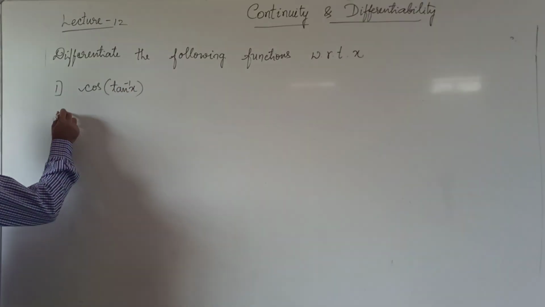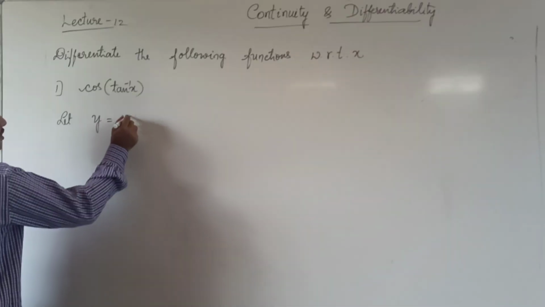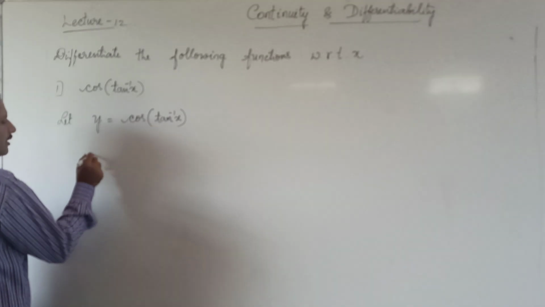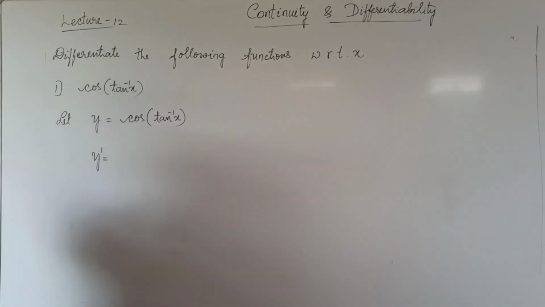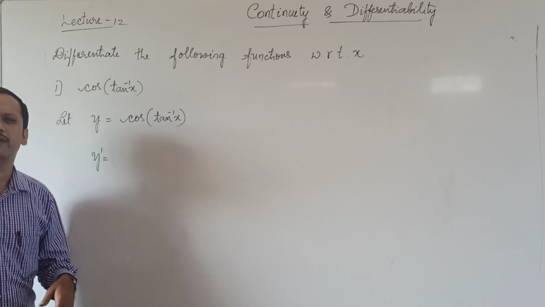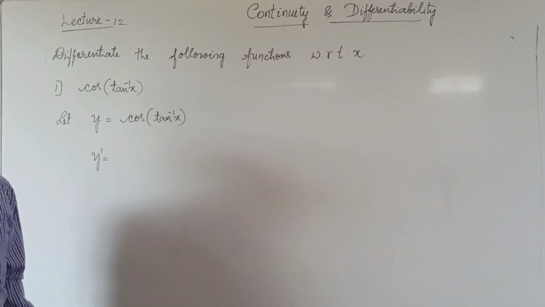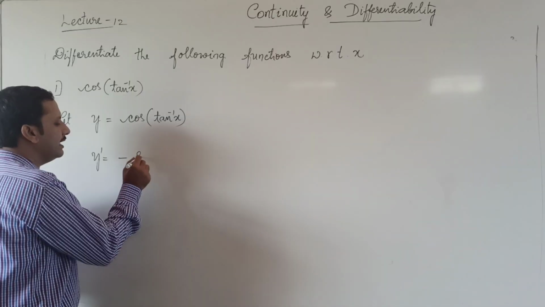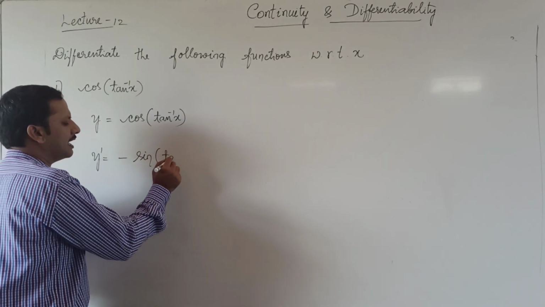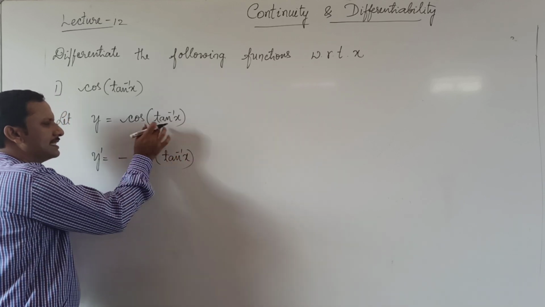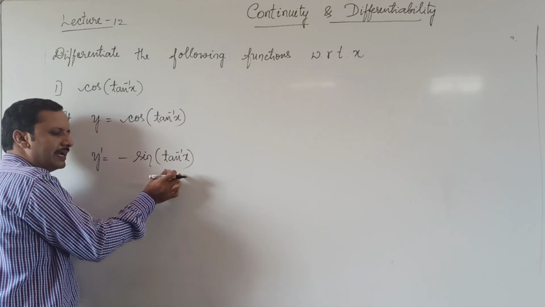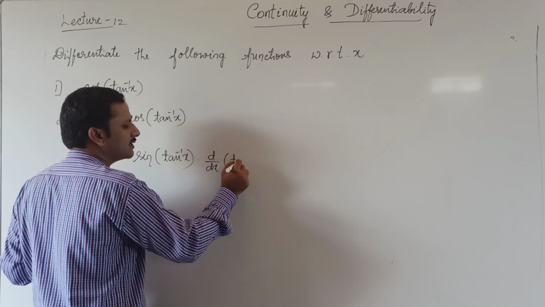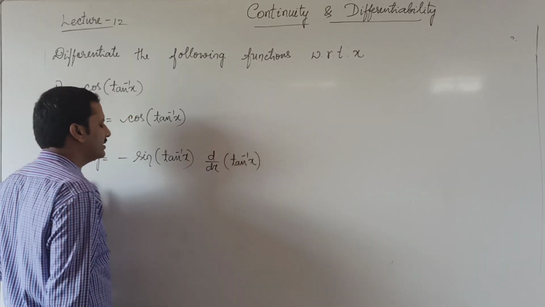I'll take this as y. Let y is equal to cos tan inverse x. Now y dash, the derivative of this is. This is like cos x. Derivative of cos x is minus sin x. So derivative of cos tan inverse x is minus sin tan inverse x, in place of x I am writing tan inverse x, into d by dx of tan inverse x.